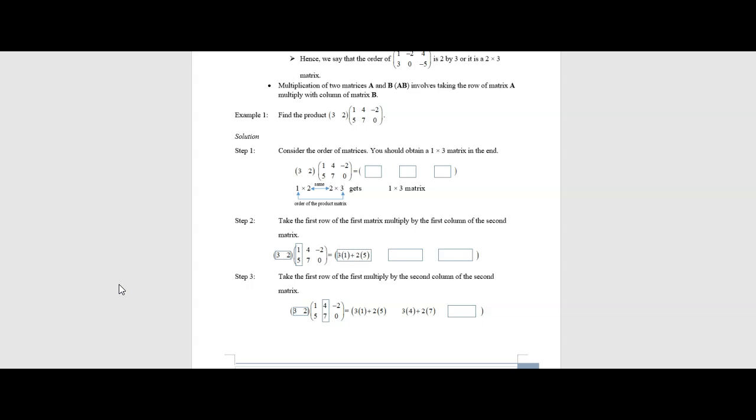If you had 3 columns here multiplied with 2 rows of the second matrix, I wouldn't have enough entries in the second matrix for the third entry in this row of the first matrix to be multiplied to. That is very important: the number of columns must match the number of rows in the other matrix.